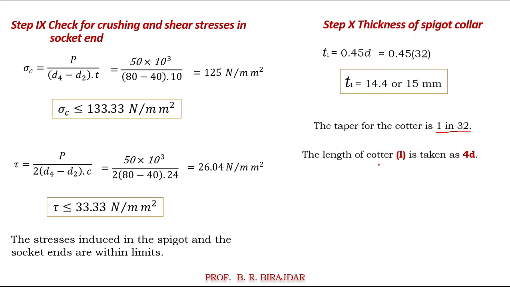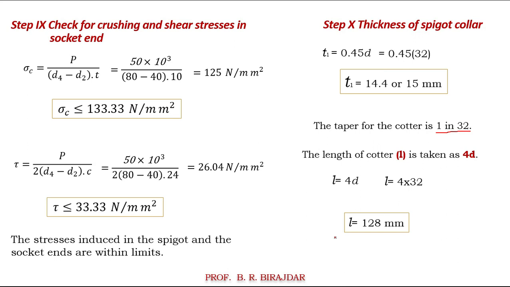And we take the length of the cotter pin, usually it is 4 times the diameter of the shaft. If the length is equal to 4 times d, then 4 into 32, you will get the length of that cotter pin as 128 mm. So these are the overall dimensions which we need to calculate.